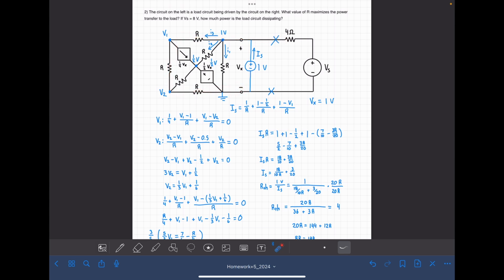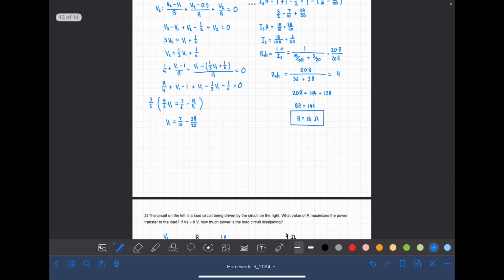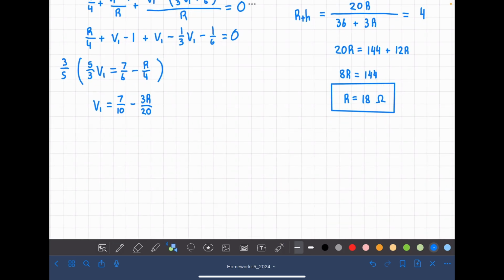So going ahead and doing this last part of the question, if the source voltage is 8, how much power is the load circuit dissipating? We can go ahead and rewrite the Thevenin equivalent that we just found. So we have our source, which we know is 8. Our source resistance is 4. And we found when R equals 18, the load resistance can also equal 4.